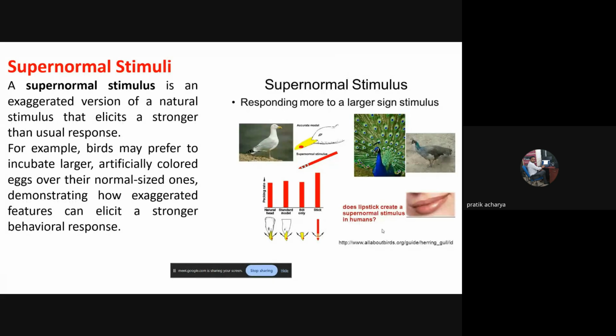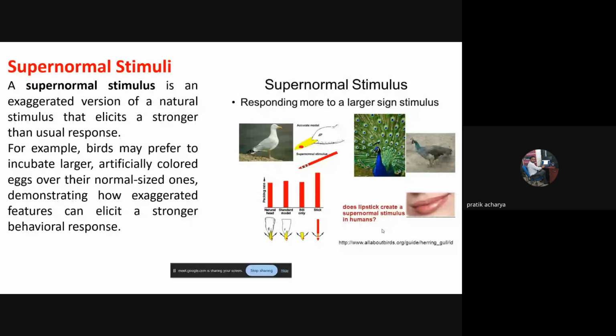For developing attractiveness, the example of peacock and peahen. Sexual selection is there. Which kind of peacock is attracted by the peahen? The peacock having a large structure of its feather or wing.